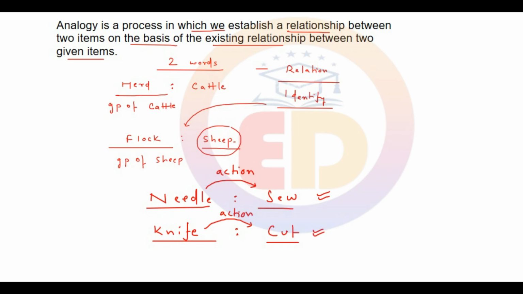So analogy means a relationship will be given, we have to identify, we have to apply the same relationship in other set of words to find out the answer. Let us now go through and understand this with some more examples, that what kind of questions can be asked in the examination.